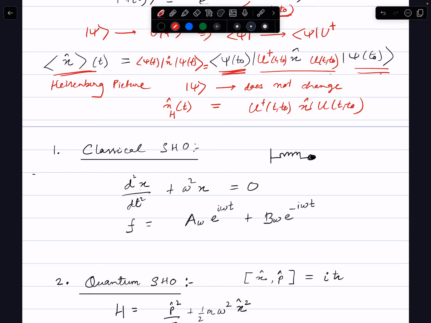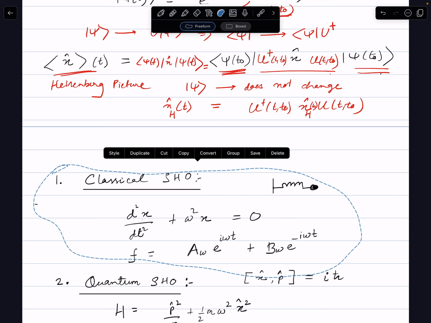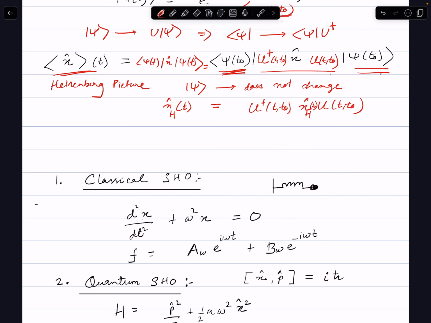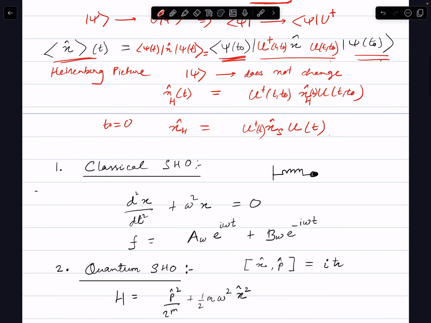Usually we use some reference time when the Heisenberg and Schrodinger pictures are the same, so I put t0 as 0, and then this is just the Schrodinger operator. Okay, any questions?